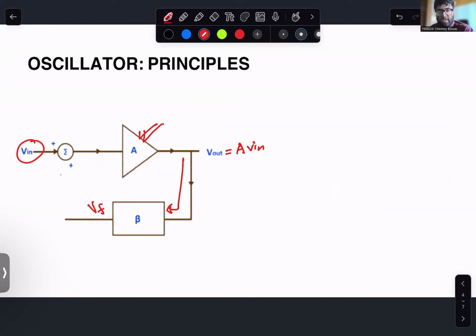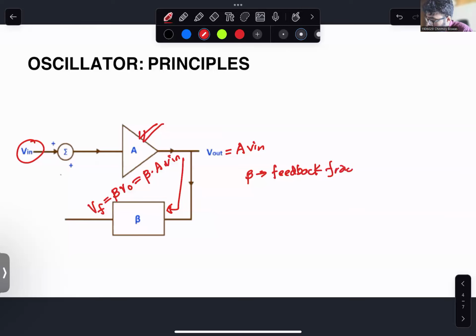So Vf can be written as beta times the output voltage, which is nothing but beta times A times the input voltage. And here beta is the feedback fraction. It basically means the portion of the output voltage that is given as a feedback to the input stage.